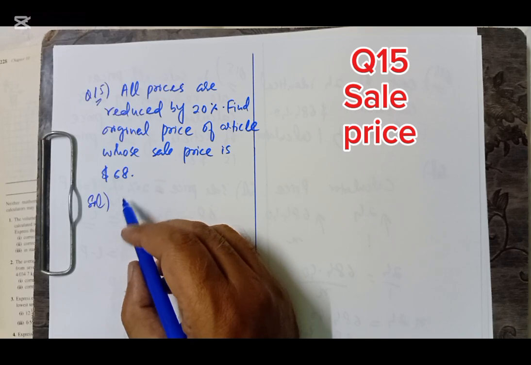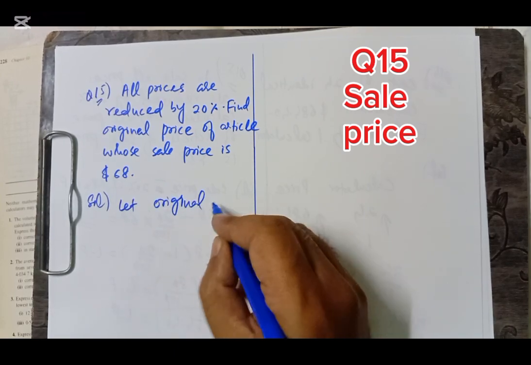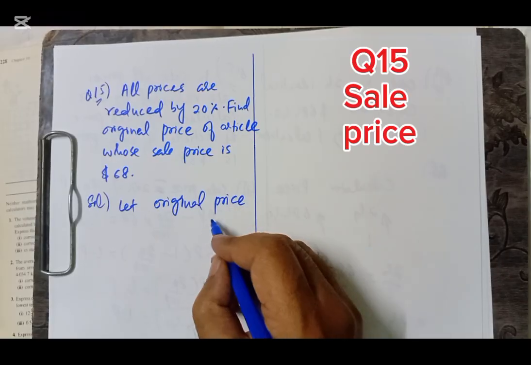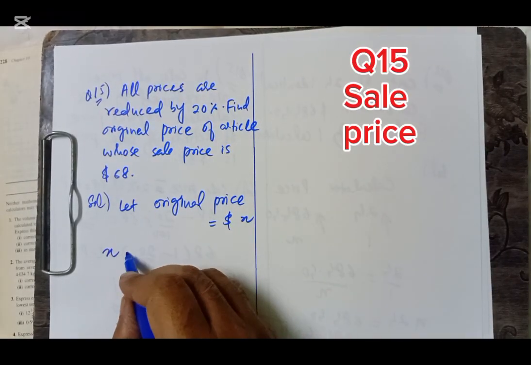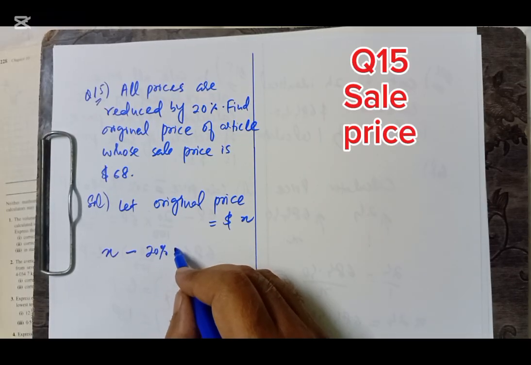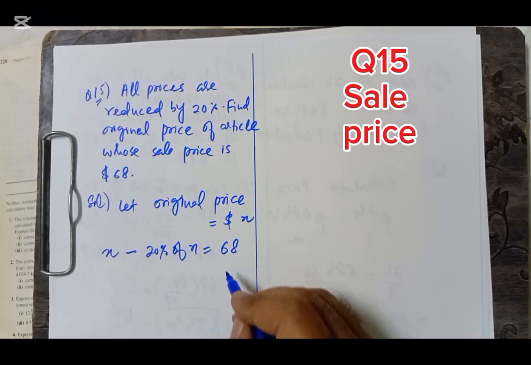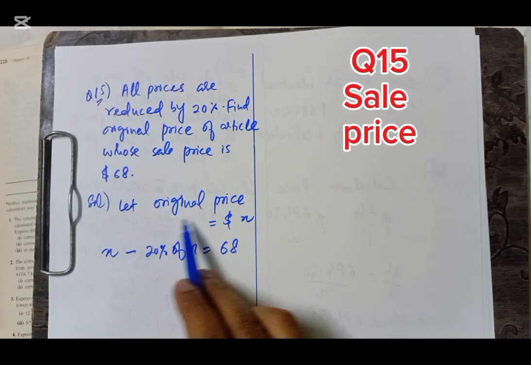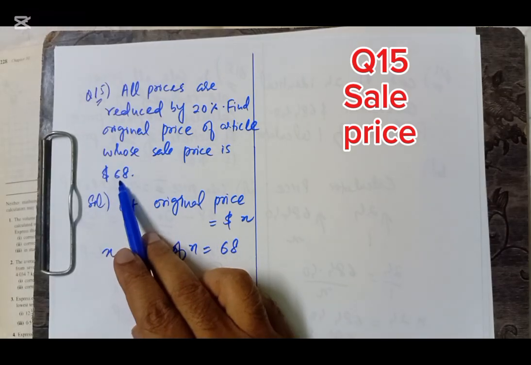So I can say let the original price be $X. So X, if 20% of X is reduced, then we get $68. So the original price, when it is reduced by 20%, gives this new price of $68.